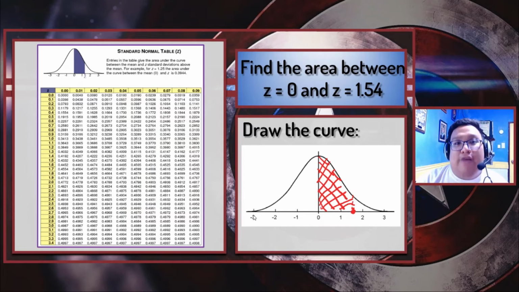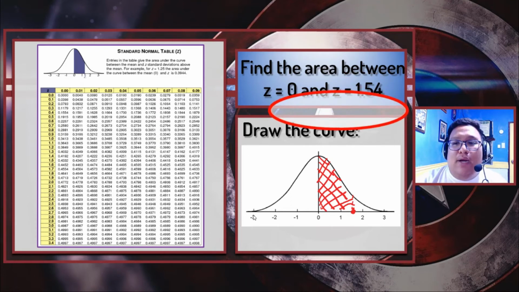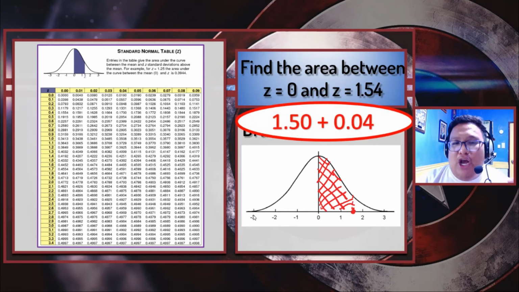Let's find out. And in order to do that, tignan nyo yung 1.54. Hahanapin natin siya sa table. Paano maghanap or gamitin ang standard normal table? Simple lang. Yung 1.54 na yun, paghihiwalayin natin siya. Gagawin natin siyang 1.50 plus 0.04. Para saan yun?